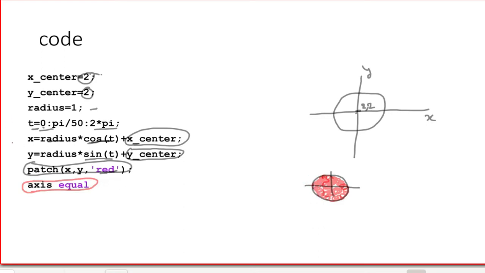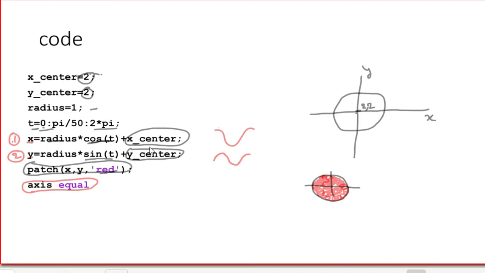I am just marking this as 1 and this as 2. If you plot this value of x and y, it will give you something like a cosine wave. It will give you like this. And if we plot y individually, that is the sine function, it will give you like this.